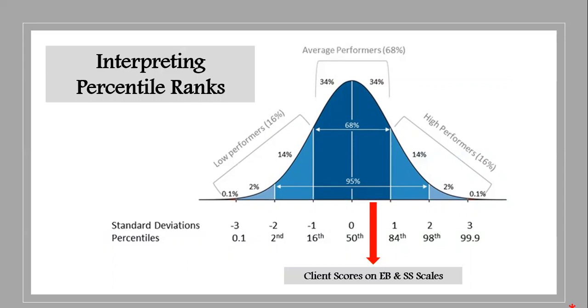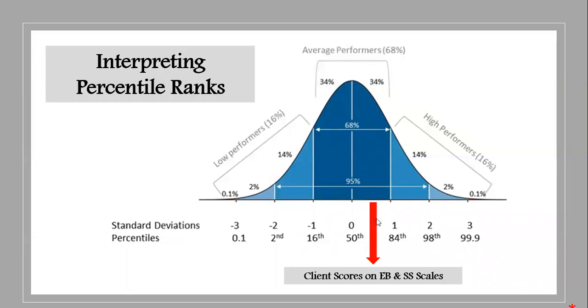Now let's talk a little bit about interpreting percentile ranks. Although these two variables are measured on entirely different scales, standardizing the distributions made it possible for us to compare them. Interestingly, although these are two different scales, the client's scores fall at similar percentile ranks.